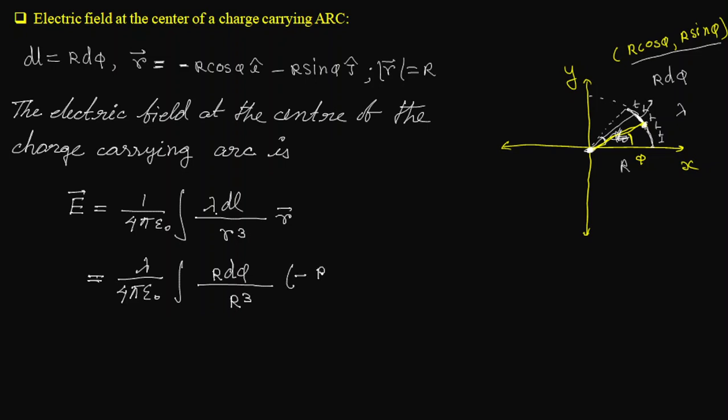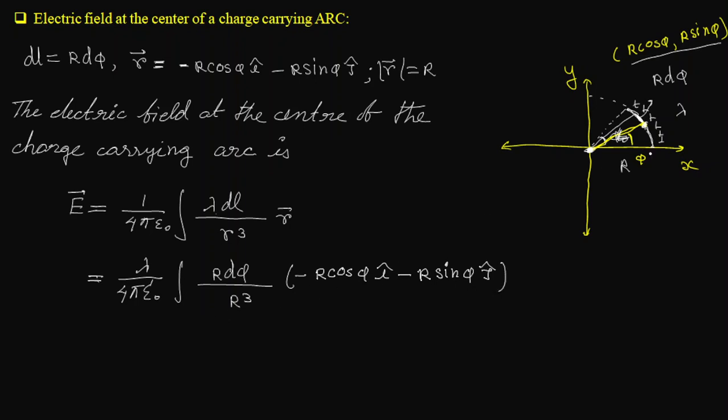My r vector is minus r cos phi I cap minus r sin phi j cap.